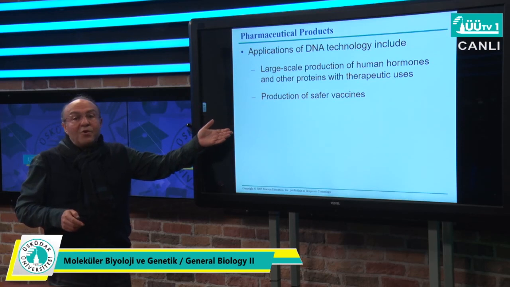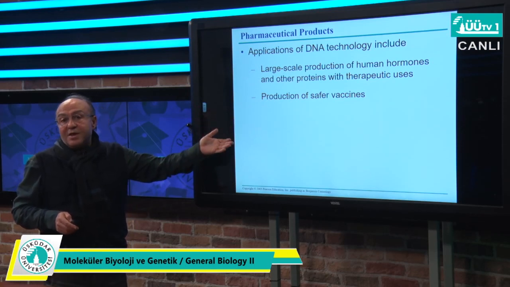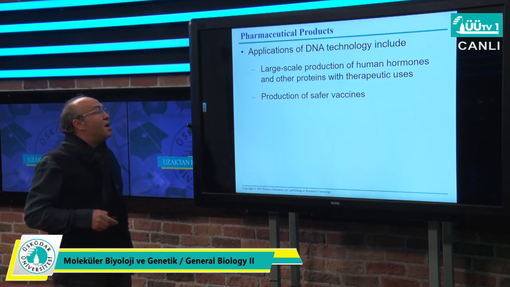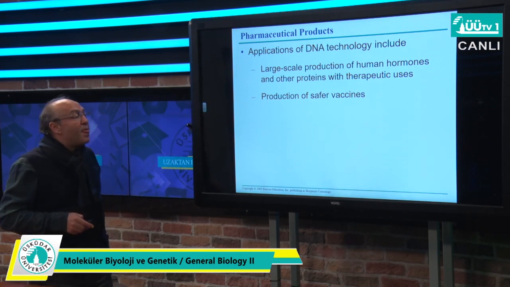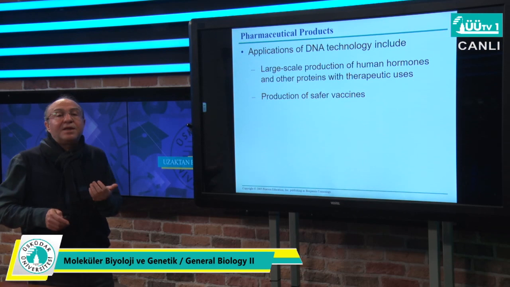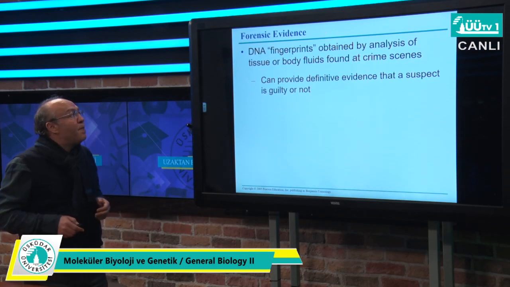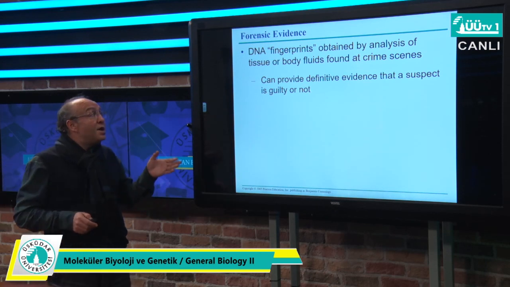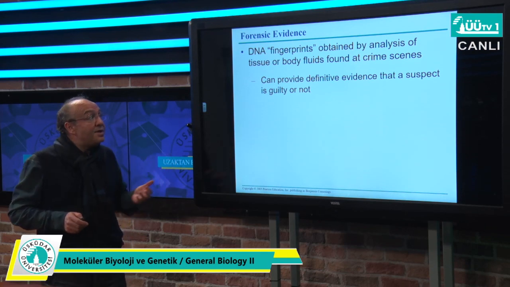You know, our big problem now is producing the vaccine against the coronavirus at this moment, and people are working very hard, and it is because of DNA recombination technologies. Forensic science is using DNA, especially what we call DNA fingerprints.